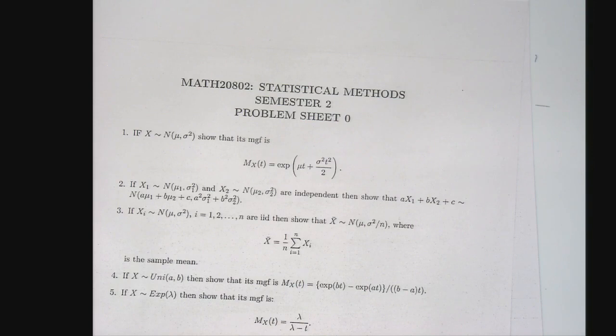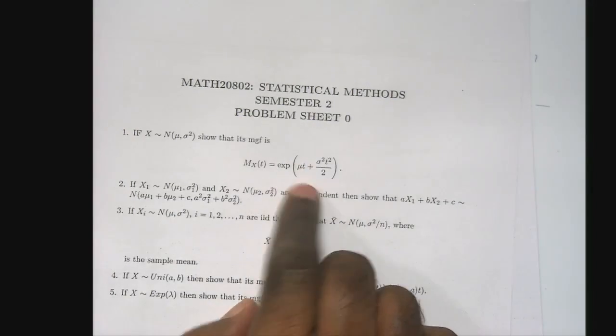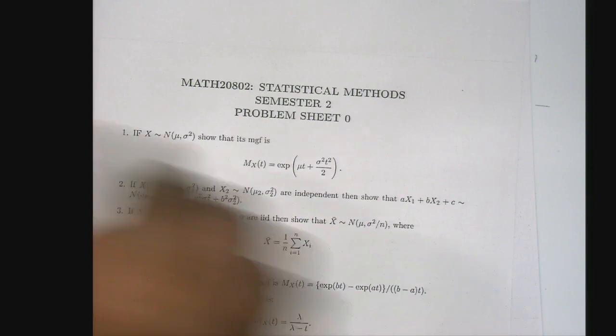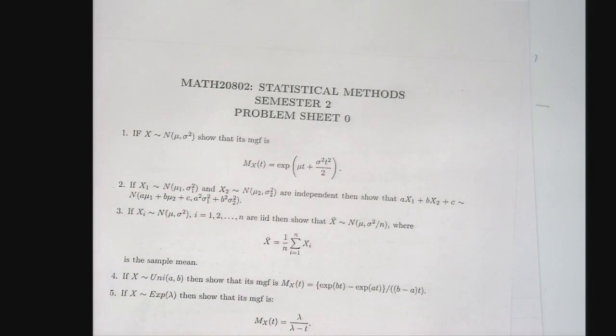Yes? Yes, all right, sir? Yeah. Maybe it's too simple for you guys. But all right, so the answer is equal to this. Because this is 1, this is the answer. And this answer simplifies to this one here. You should take a couple of minutes and see that this will simplify to mu t plus sigma squared t squared divided by 2.